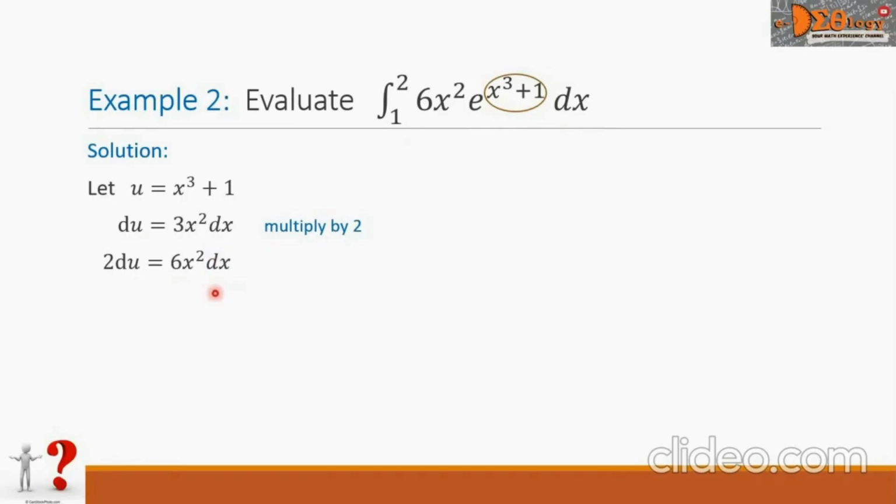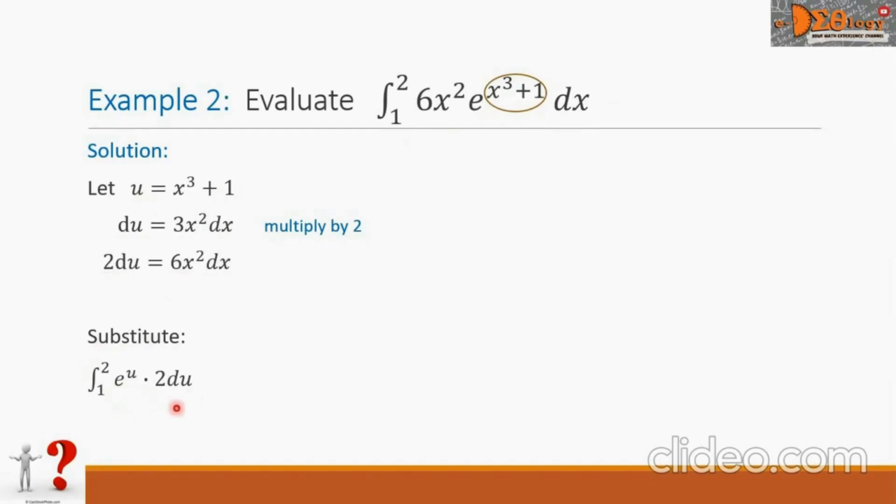Now we are ready to do substitution. We copy the e, and the x cubed plus 1 is the u. So we see here e raised to u times the 6x squared dx is now replaced by 2 du. We have now this new integral of e^u times 2 du.